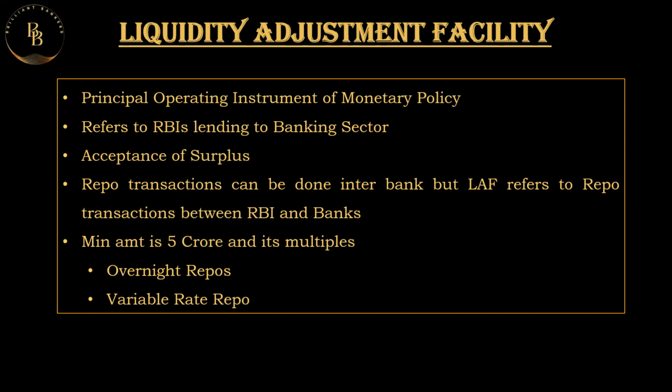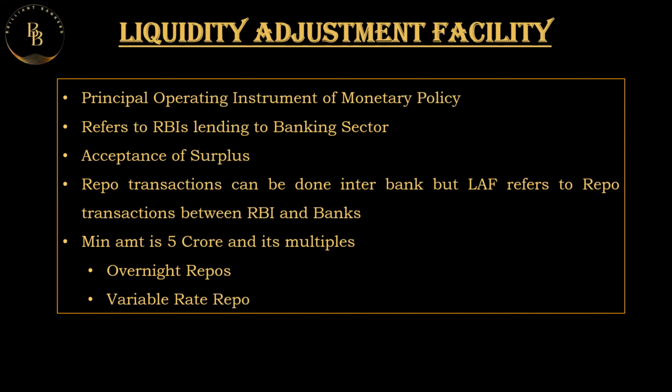So, as we learned in the previous slide, the CRR, the SLR, and now the LAF, all are used to control the currency or the money in the market, to control the monetary system as per the monetary policy.